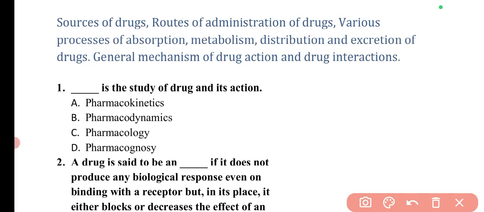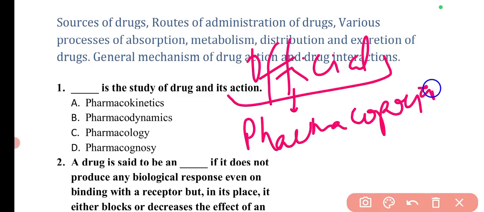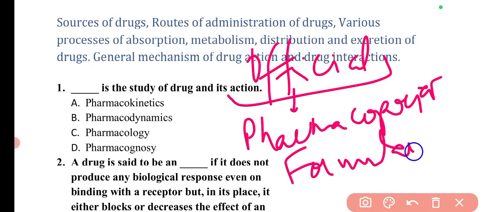These are basically the official and non-official sources. In the official ones, the information can be taken from pharmacopoeias, from formularies, and also from Martindale, which is a complete drug reference book, also known as Extra Pharmacopoeia. So these are basically the official sources.